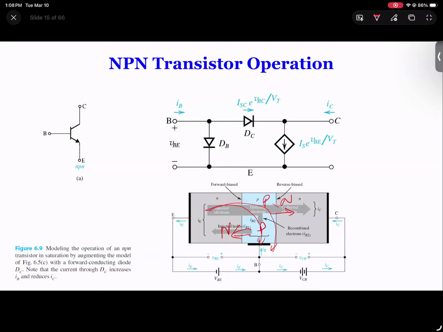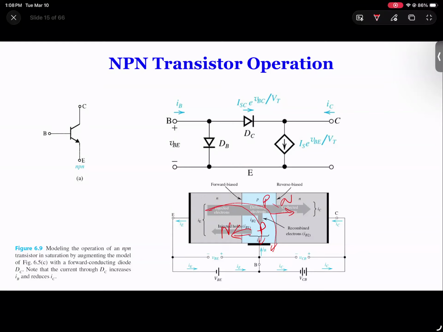It's going to break down. You have two diodes. So one is here, another is here. So that's the equivalent.